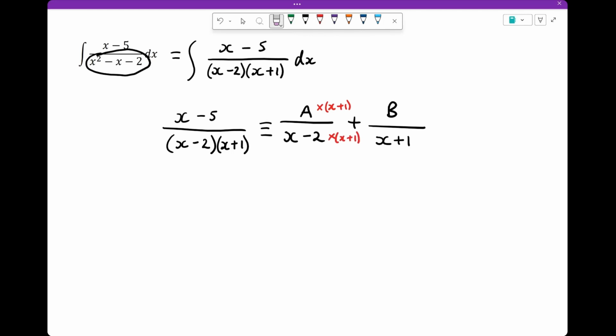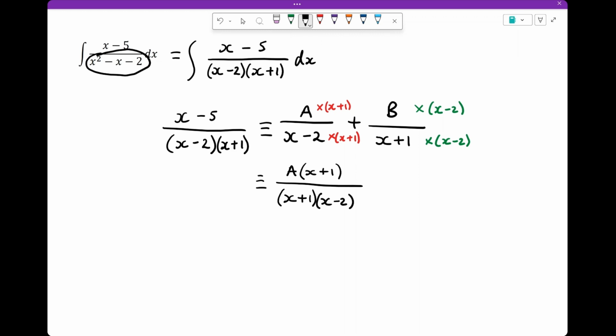And then I'm going to take the x take 2 from over here and multiply the other fraction on the numerator and denominator by x take 2. Like that. Now let's write out what we get. So I would have a multiplied by x plus 1 divided by x plus 1 multiplied by x take 2, and then plus, and it's going to be b multiplied by x subtract 2 divided by x plus 1 multiplied by x subtract 2.